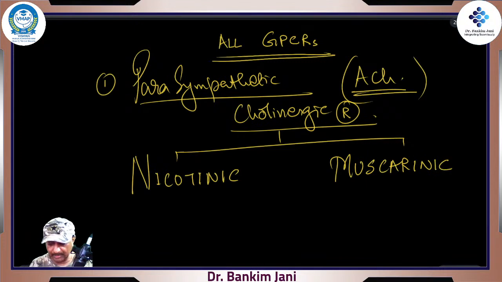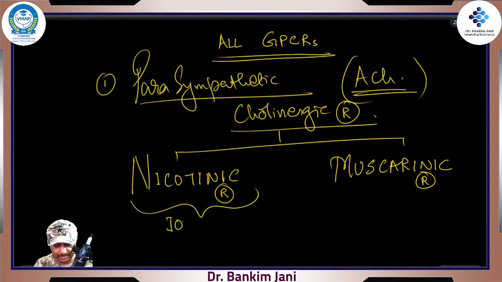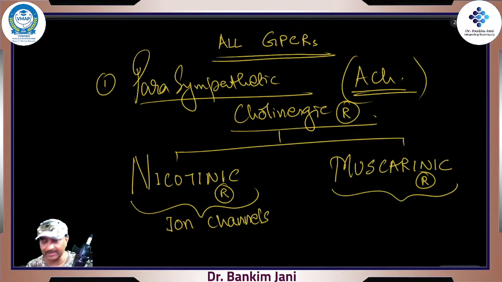So we have cholinergic receptors, but now we have nicotinic receptors and muscarinic receptors. These nicotinic receptors are ion channels, and these muscarinic receptors are 7-pass receptors, the GPCRs.